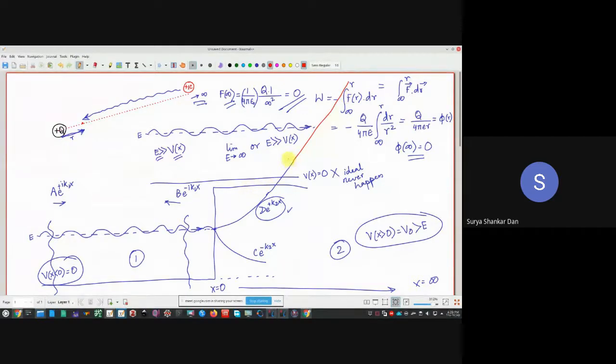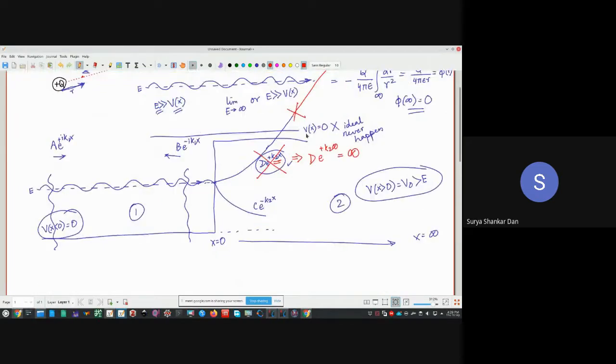So this part is not possible because plus k2x implies that d e to the power of plus k2 infinity is equal to infinity. So the probability of finding the electron at infinity will be much, much larger. It is not possible physically.